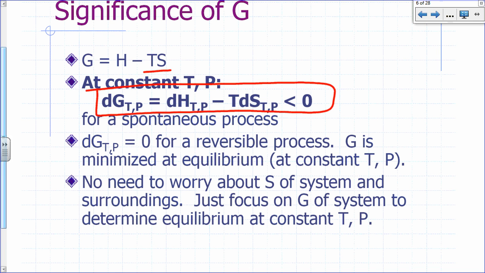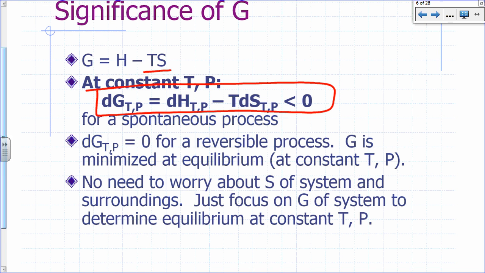So which one do you think is more important to us in chemistry? The Helmholtz energy or Gibbs energy? Which function have you seen before in freshman chemistry? Gibbs energy. Why? Because we like to deal with temperature and pressure. Pressure is much easier to control than volume. Okay? Because most of the stuff we do is just open to the atmosphere, constant pressure.